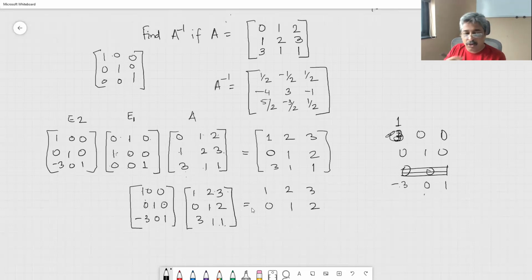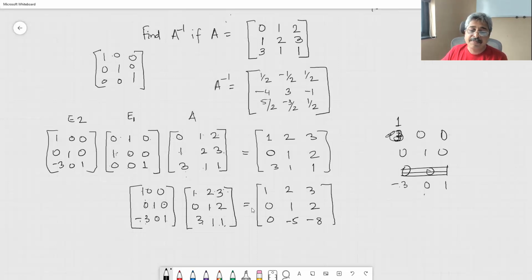Now what is the third row? Minus 3 into 1, 0 into 0, 1 into 3, 0. Minus 3 into 2, minus 6, 0, 1, minus 5. Minus 9, 0, 1, minus 8.